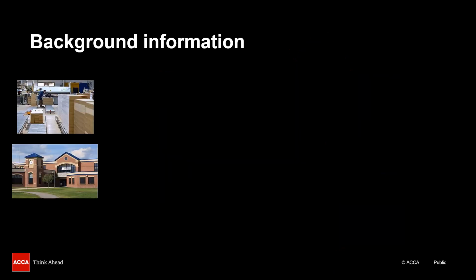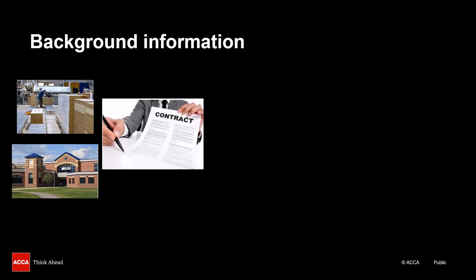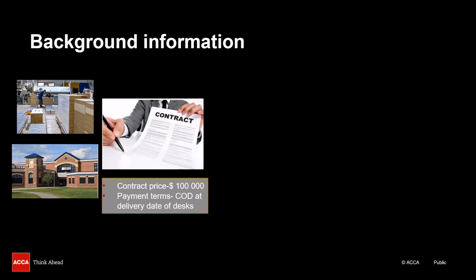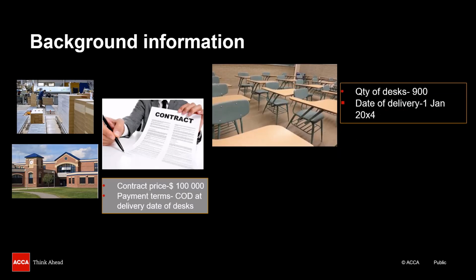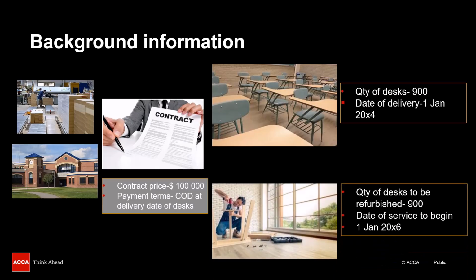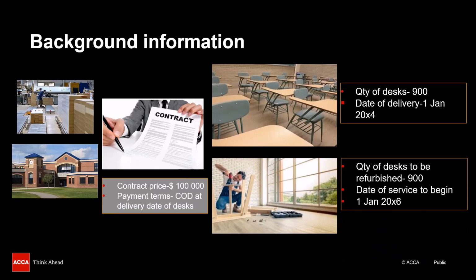Furthermore, the furniture manufacturer and the school sign a written contract that stipulates the contract price and payment terms. The contract also states the number of desks to be supplied together with the delivery date. And lastly, the terms and the date at which the refurbishment process must begin is also stated.